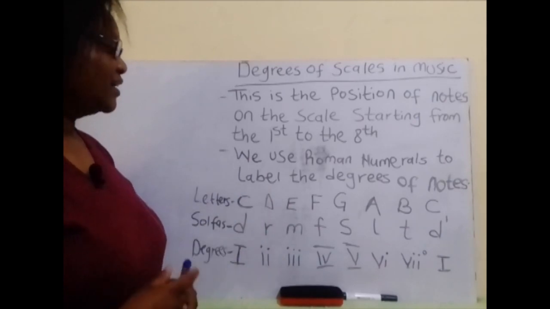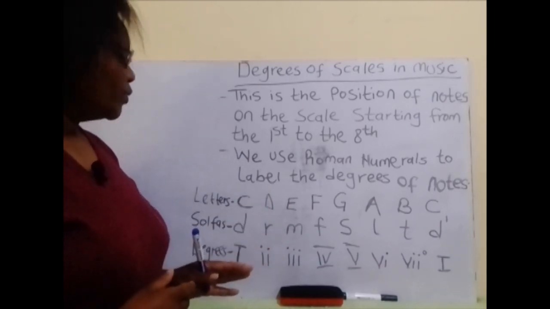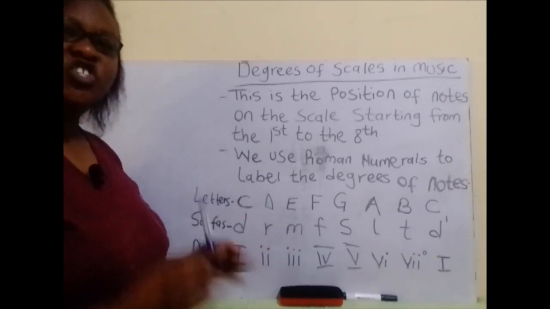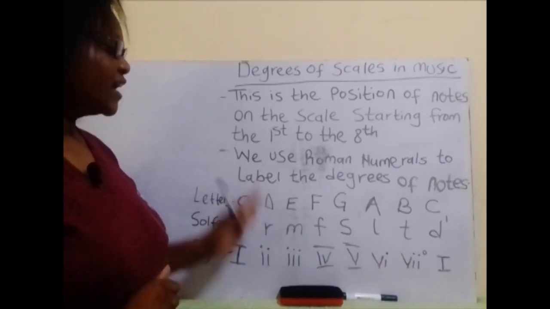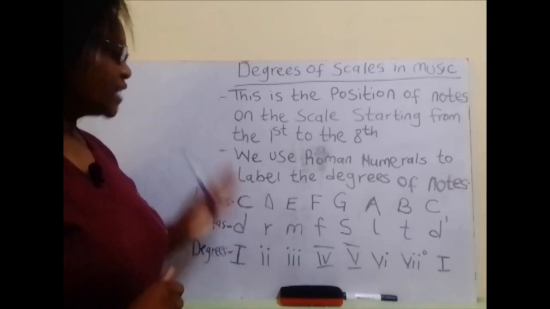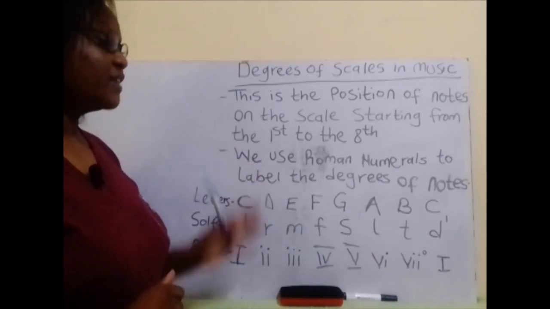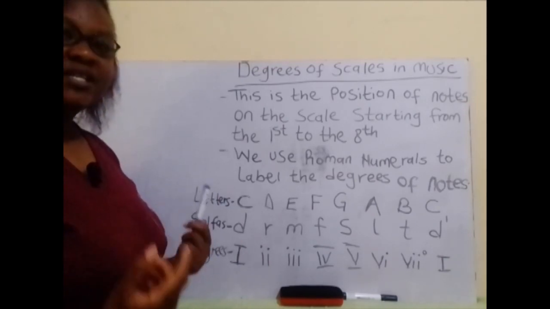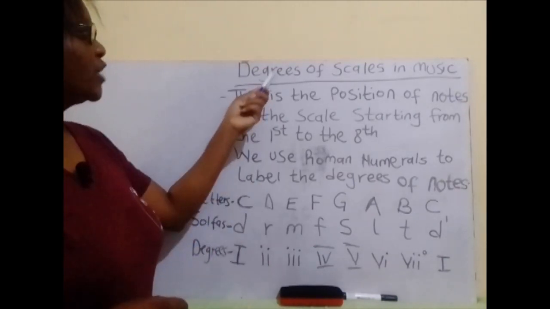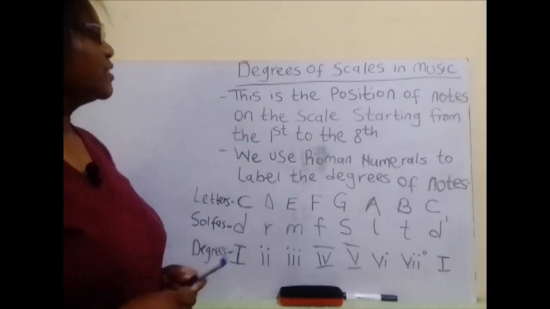It will be there within the scale, whether it is the scale of C, G, A, B, E. In a scale, we have that position: first, second, third, fourth, fifth, sixth, seventh, eighth. Those are what we call positions in a scale. And now we are talking about degrees.